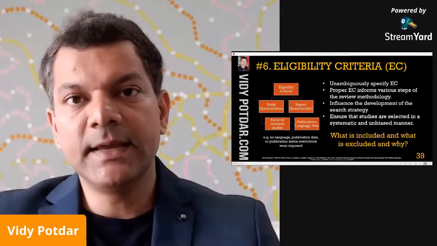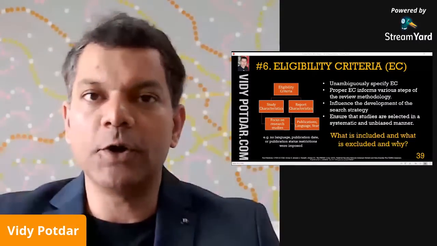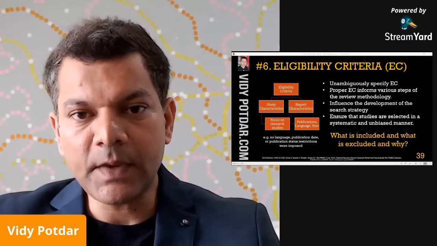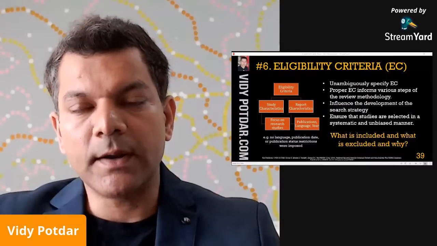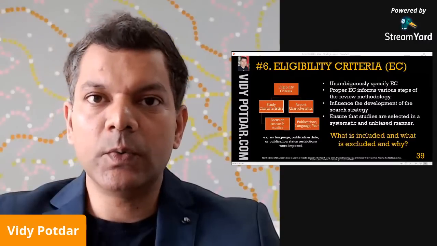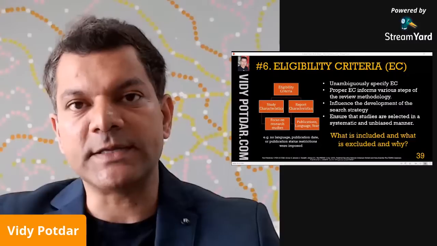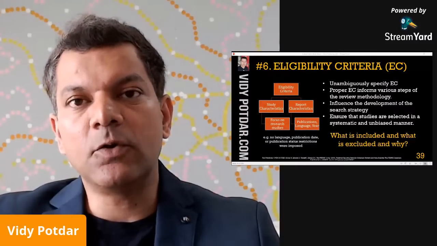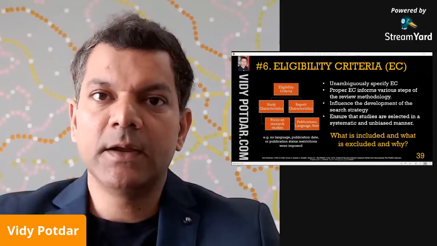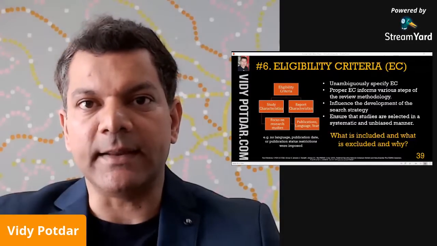Basically, it defines the scope of the work that we are going to do as part of this review. We need to set some boundaries on what is included and what is excluded. An example could be, we will only include papers that are published between 2010 and 2020. That is the inclusion criteria.